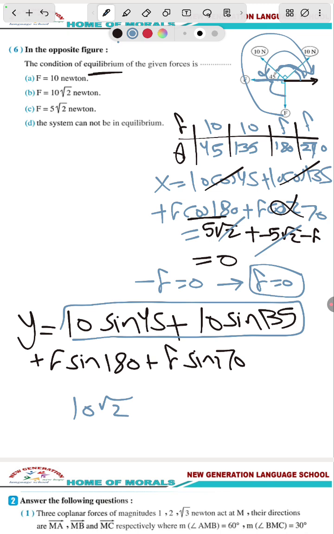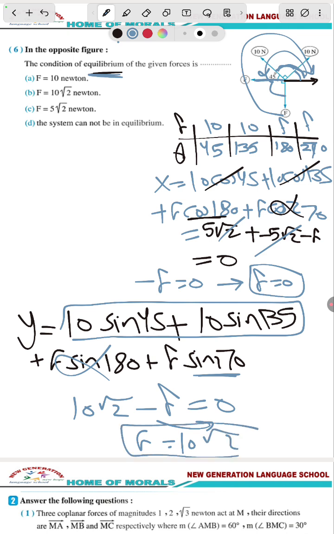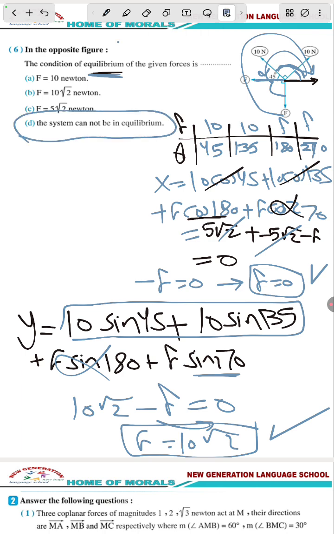Okay, and sine 180 equals 0, sine 270 is negative 1 times F, so it will be negative F, and the system is in equilibrium, so it will be equal 0. So F equal 10 root 2. I have F equal 0. At the same time, F equal 10 root 2, and this is not correct, so the system cannot be in equilibrium.